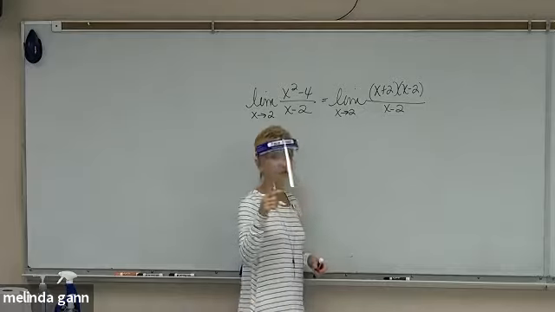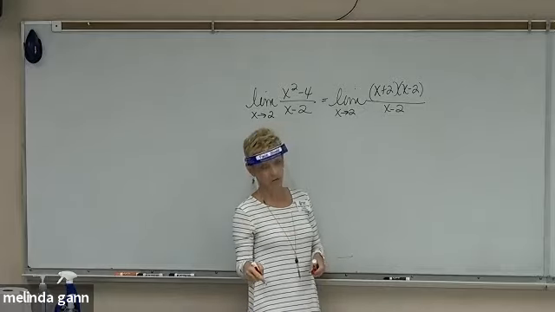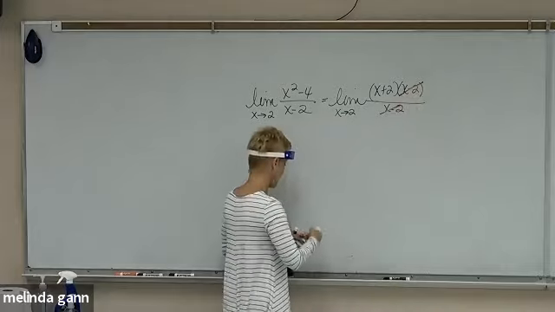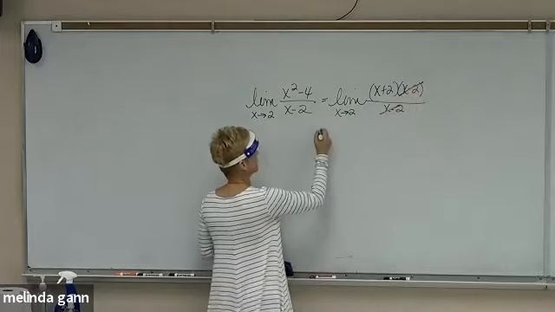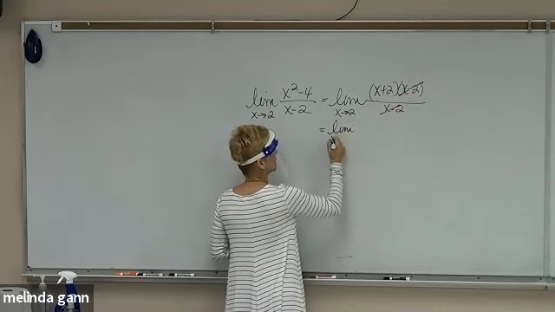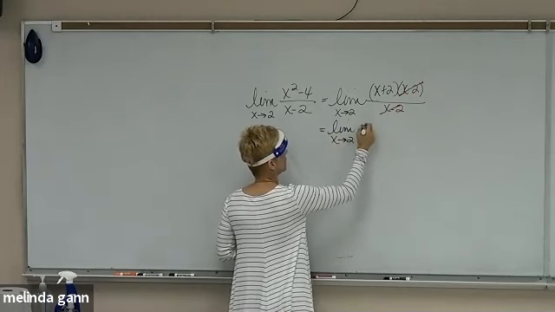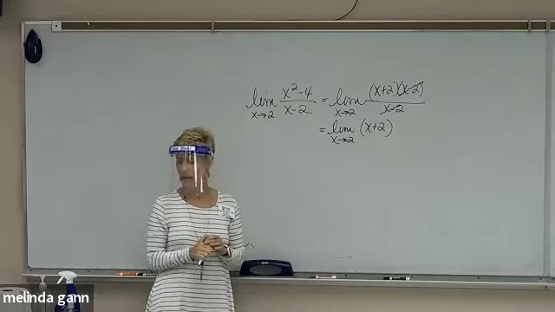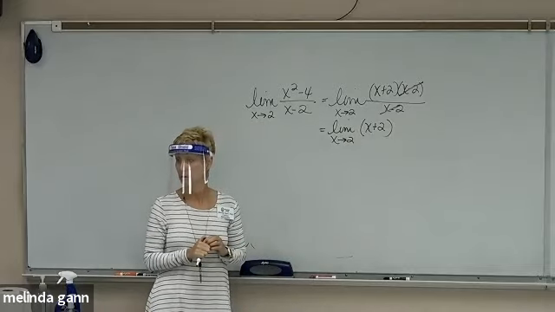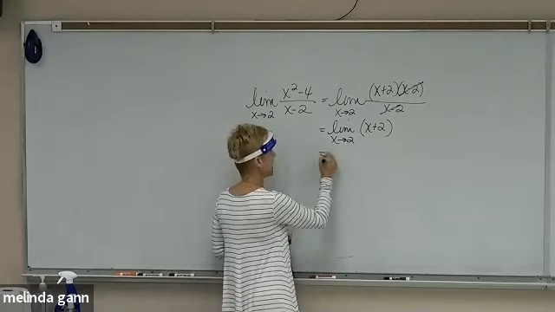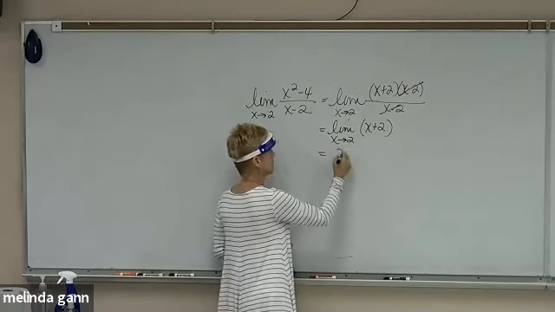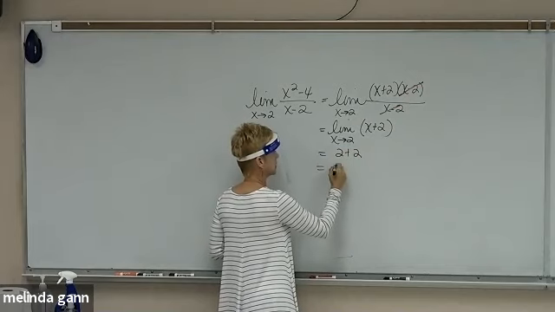So I need you to think through, can you or can't you? Okay? So what's that going to leave me? That's going to leave me the limit as x approaches 2 of x plus 2. Is that a polynomial function? Yeah. So if it's a polynomial function, can I take the x and replace it with the 2? So what does 2 plus 2 give me? 4.